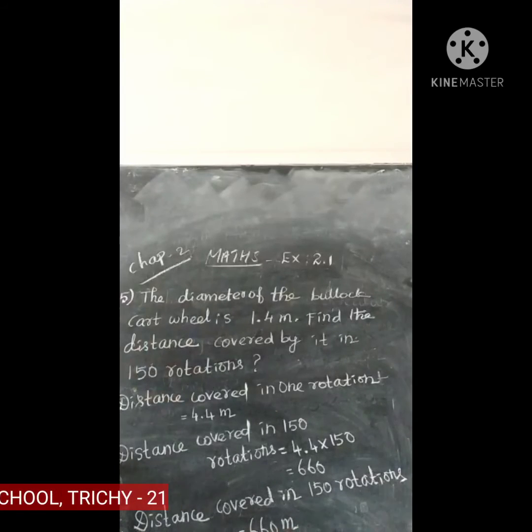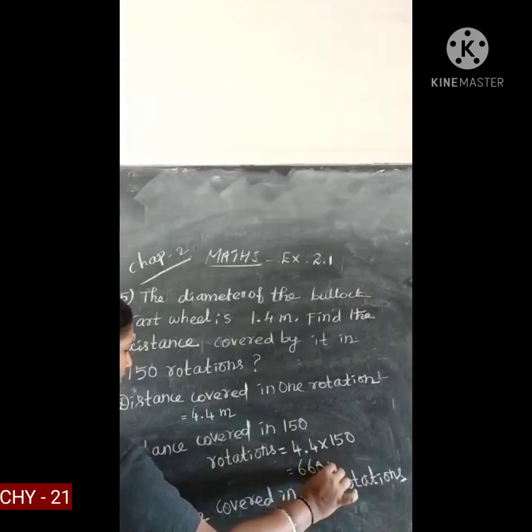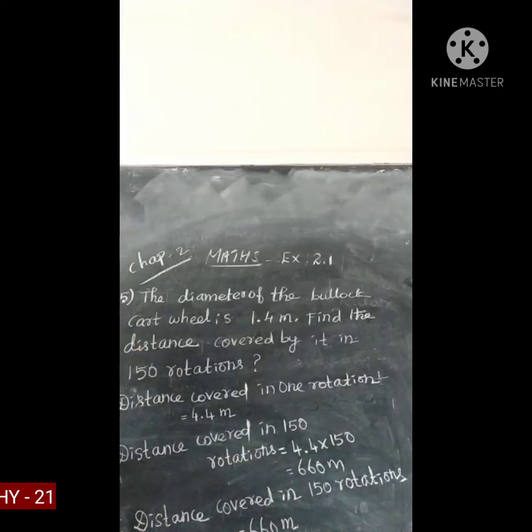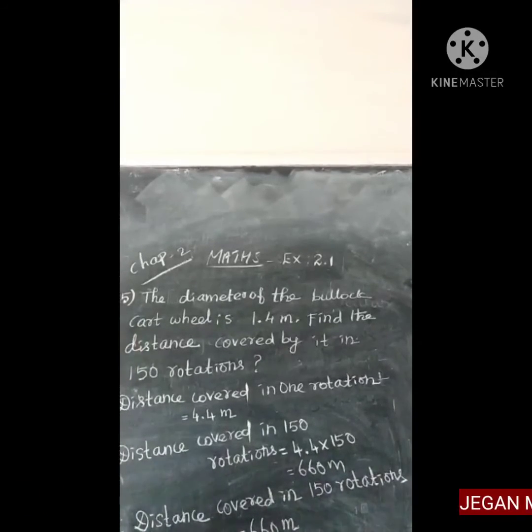So distance covered in one rotation is equal to 4.4 meter. So for distance covered in 150 rotations, we multiply 4.4 with 150, we have 660 meter. So we write the solution, distance covered in 150 rotations equal to 660 meter. So this is the solution.